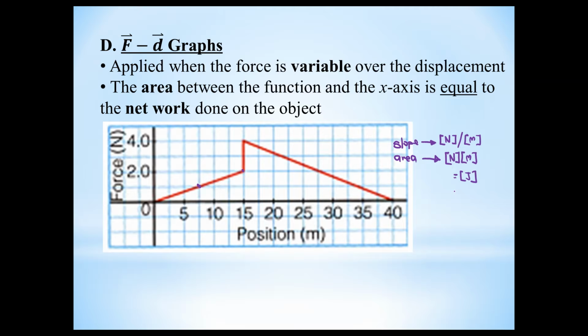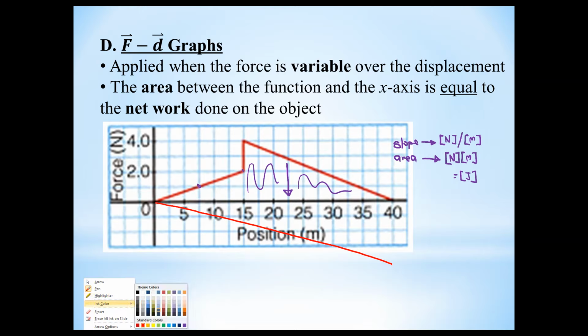What this means is you always go from your graph to the x-axis. If your function's above the x-axis, then you calculate the area going downward. If on the other hand you had a line below the x-axis, then you would go from the function to the x-axis, which in this case would be up.